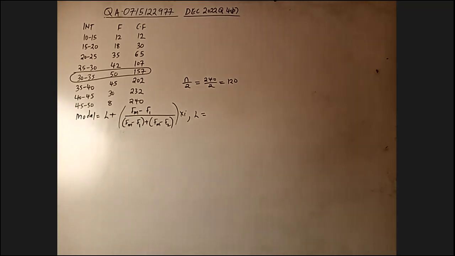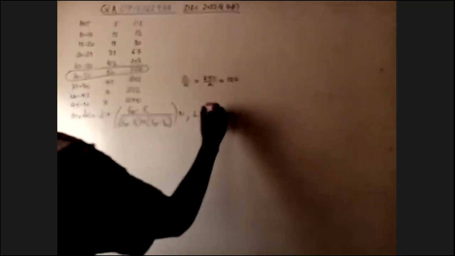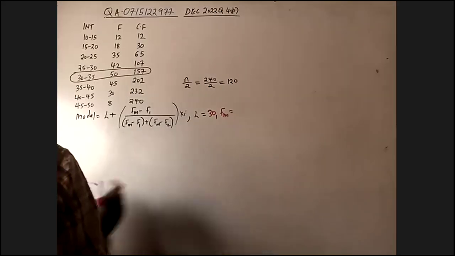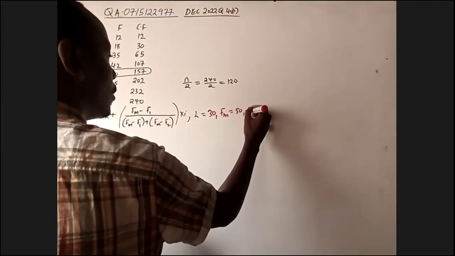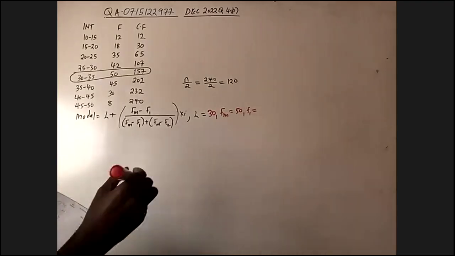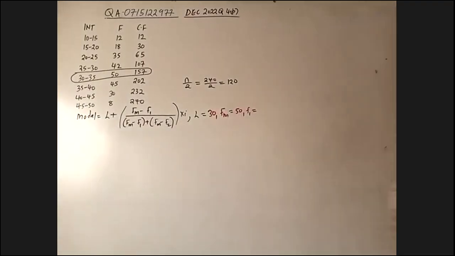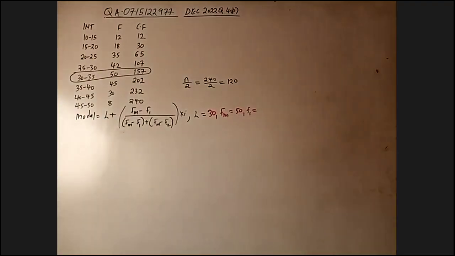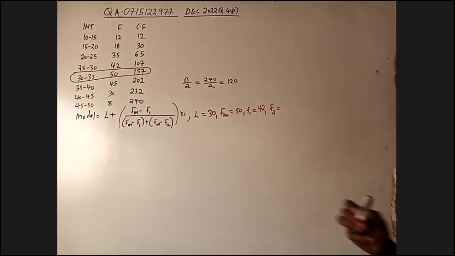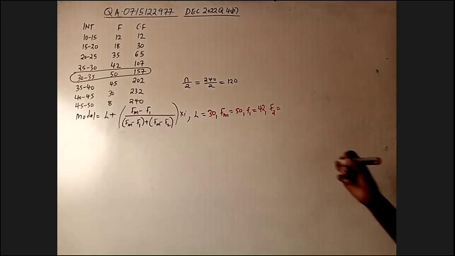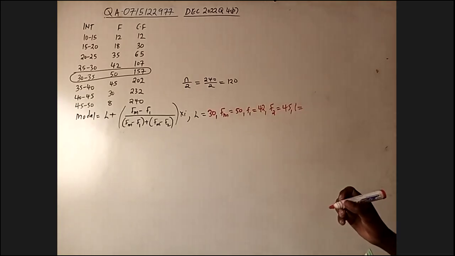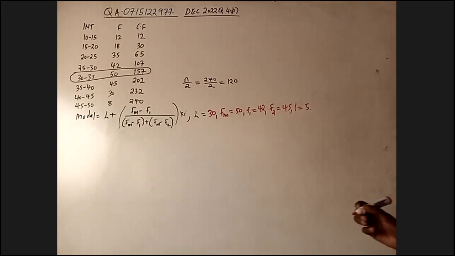What would be our L? Our modal class is 30 to 35, so L is 30. Then fm is 50, f1 is 42, f2 is 45, and i is 5.